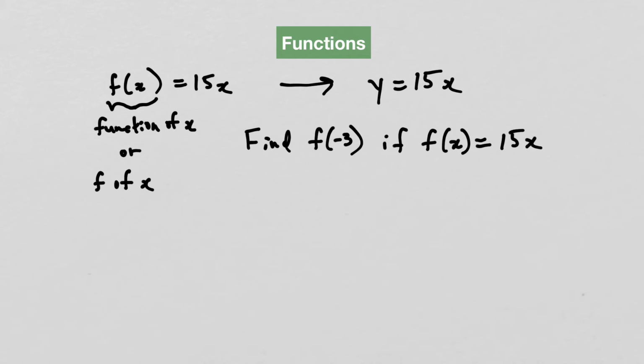All they're saying is take the value of negative 3 as your x and plug it into the equation, okay? So in other words, f of x is equal to 15 times negative 3, okay? Let me just erase this and highlight that in green, okay? Find f of negative 3. So we plug that in.